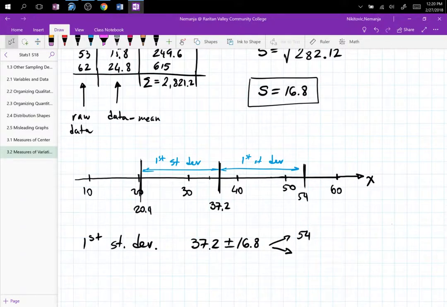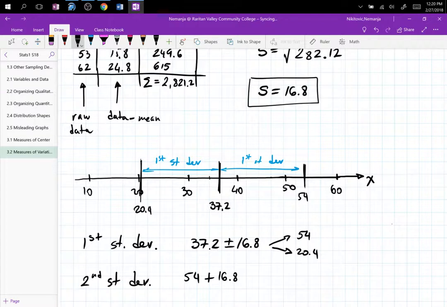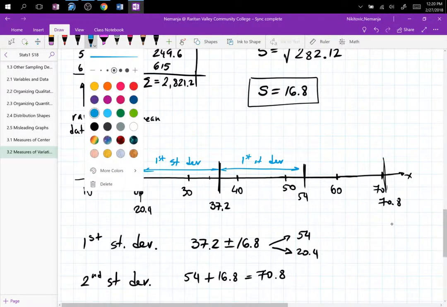Now, to find the second standard deviation, you will take 54 and you will add 16.8 to give you 70.8. 70.8 is out there. And that creates the second standard deviation.